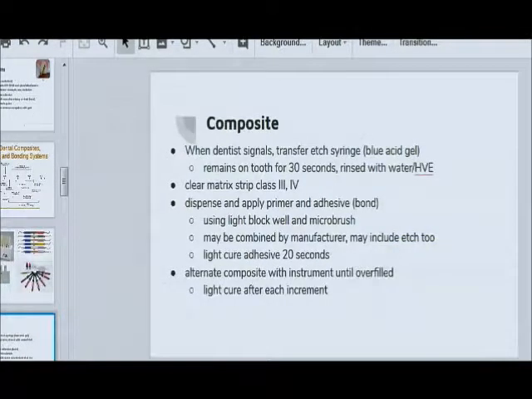To assist a composite, we will transfer the etch gel and then the adhesive and then the composite. So basically, we've got to rough the tooth up. We've got to use a glue or adhesive to keep the composite stuck to the tooth, and then we'll place the composite.